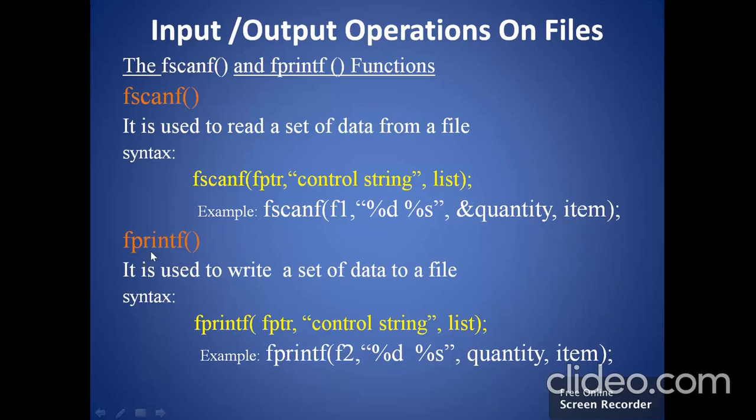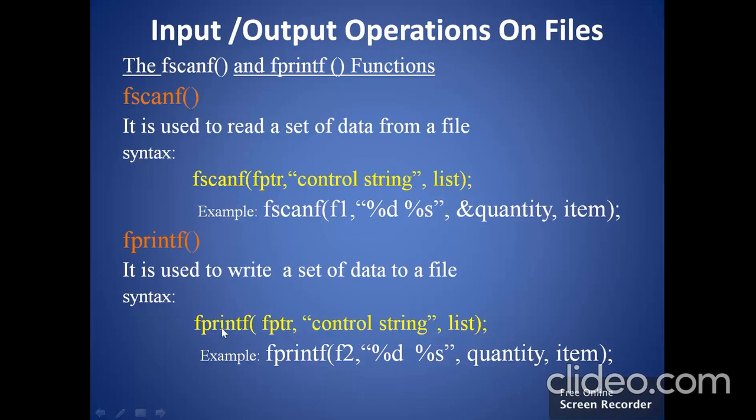The next function is the fprintf function, that is used to write a set of data to a file. Its syntax is fprintf, inside the bracket fptr, comma, then inside double quotes control string, comma, list, then we will close the bracket, then put a semicolon.